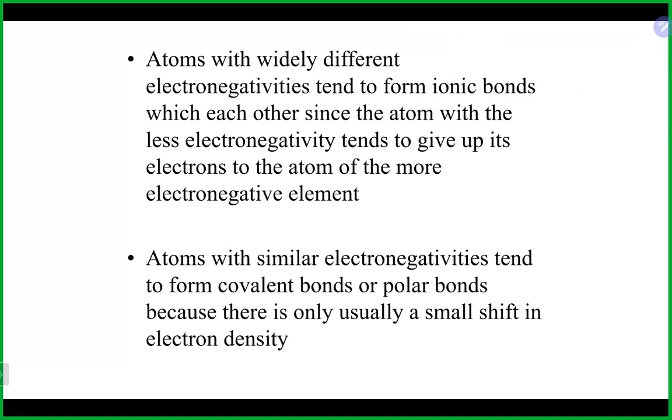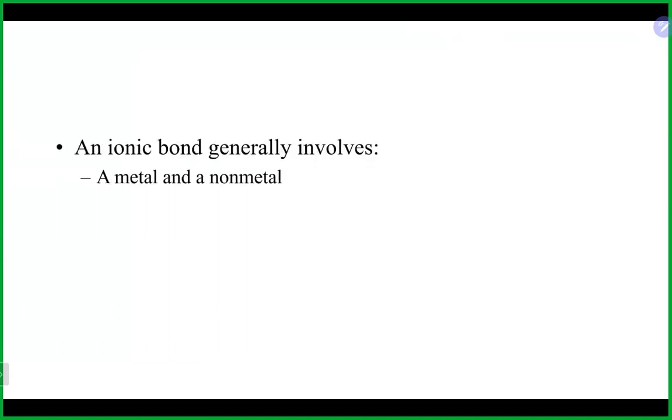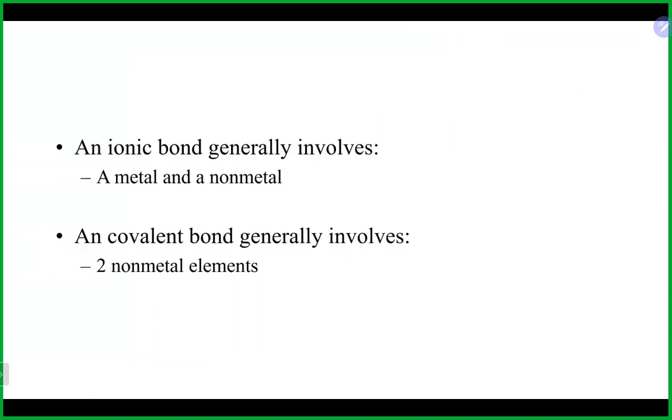But when we get into our nonmetal and nonmetal region, and those atoms get together, we're going to get that sharing of electrons. And that is why, as we've been talking about, generally speaking, an ionic bond is between a metal and a nonmetal, and a covalent bond will usually be those two nonmetals coming together where they will share those electrons.